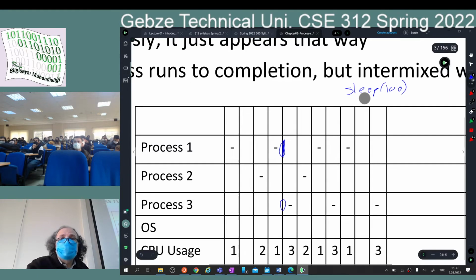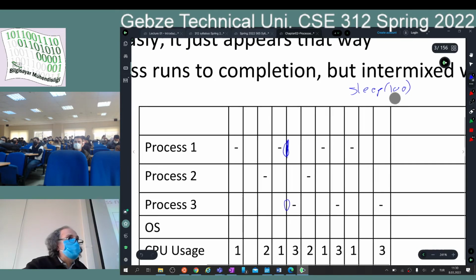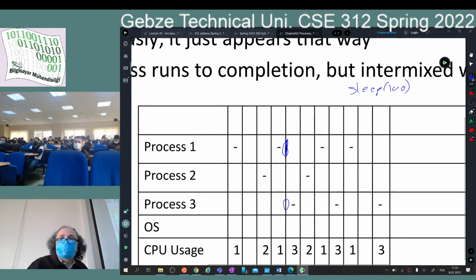For example, sleep 100 has to be handled by the operating system. This will cause a system call, and the operating system will handle it. It will program the timer for me for 100 milliseconds, and it will put me on the blocked queue.